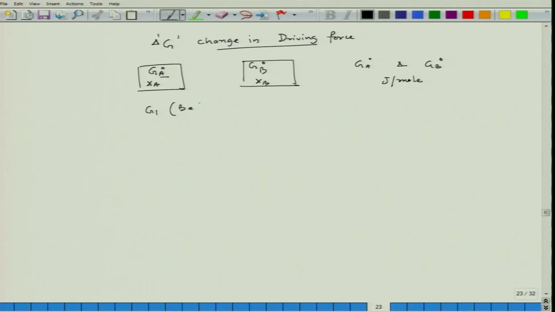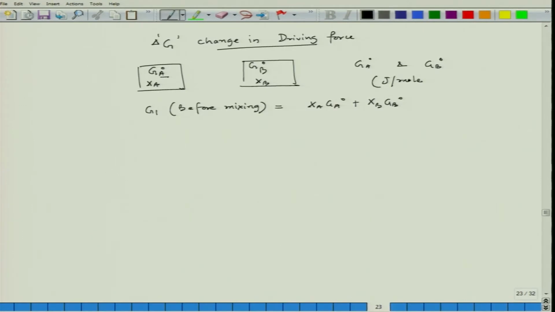I can say before mixing G1 is equal to XA GA0 plus XB GB0.